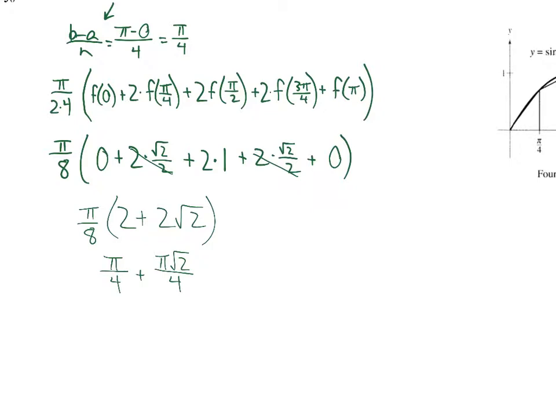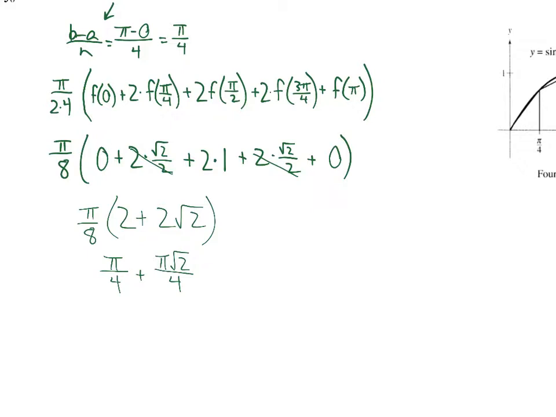Now, does that give us 2? We could try it. Okay. Pi over 4 plus pi times the square root of 2 divided by 4 comes out to 1.896.